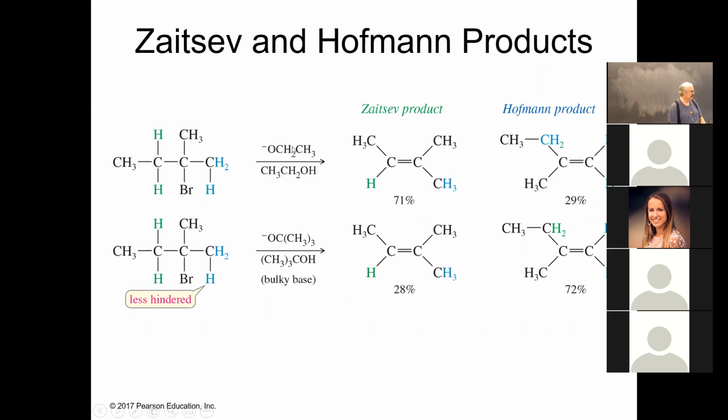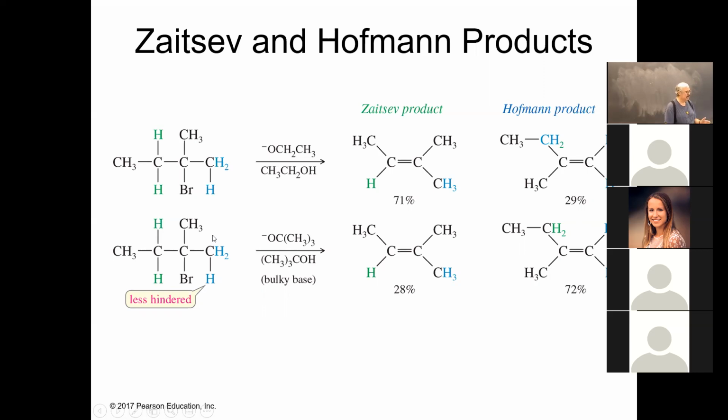Ethoxide in ethanol is an uncrowded base, and so it's going to go for the more substituted product, the Zaitsev product, whereas tert-butoxide is a bulky base, and it's going to go for the less substituted.